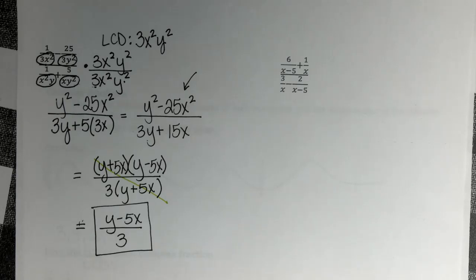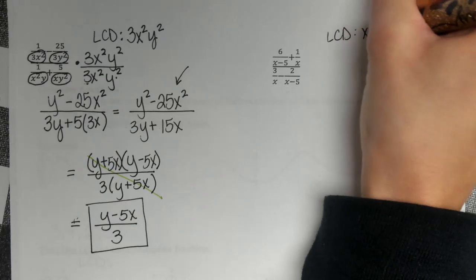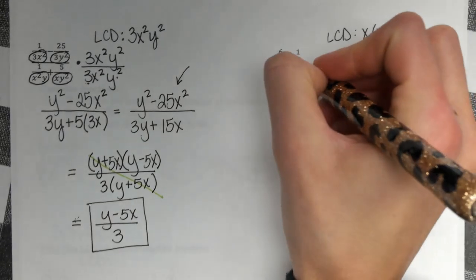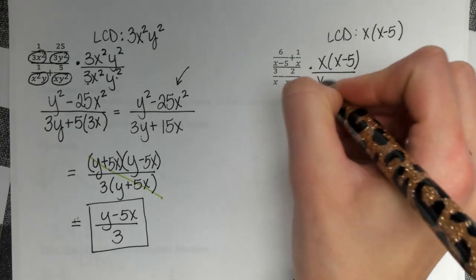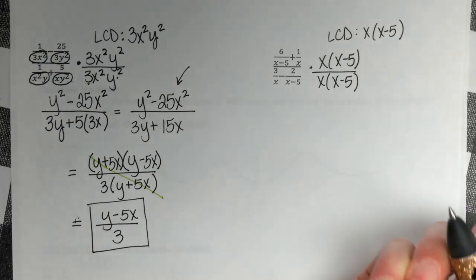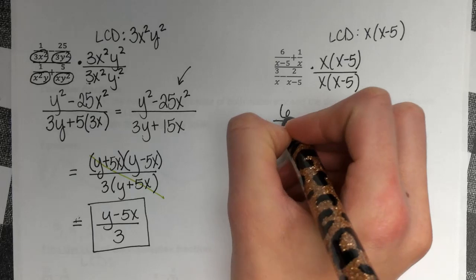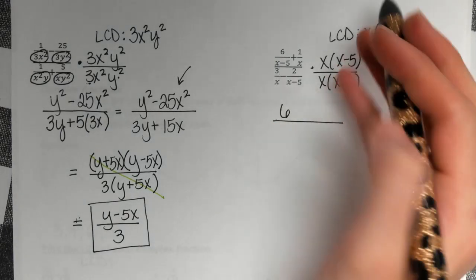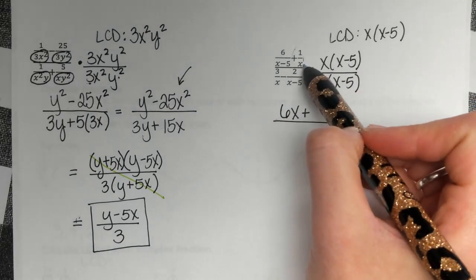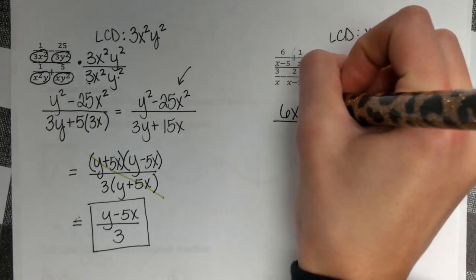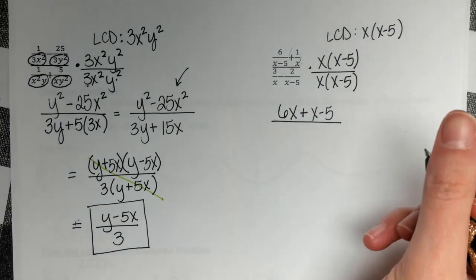Do you know what the LCD is? Did y'all at least get that? Okay, so the 6, what am I multiplying that by? X. And then plus 1, what am I multiplying that by? Okay, we got that? Alright.